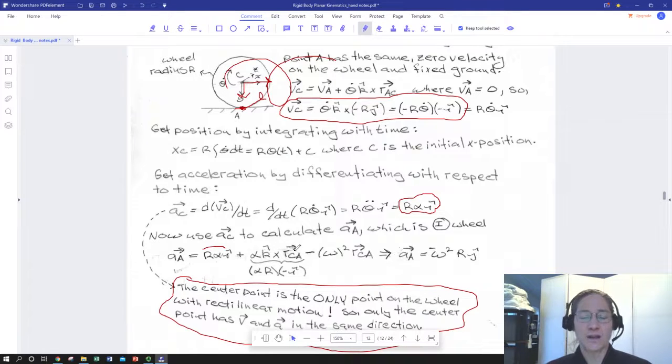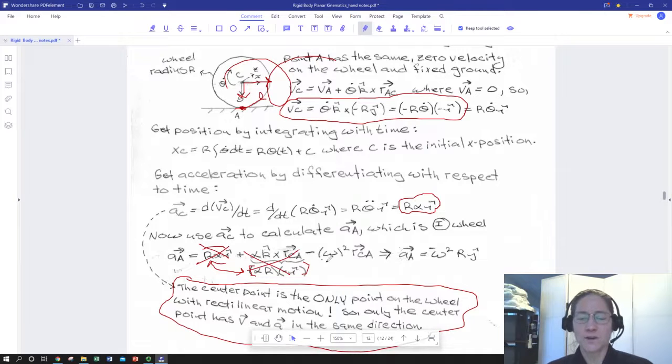K hat cross j hat is negative i hat, so we get this expression for our cross product. And then of course we've got a positive j hat here. And oh, isn't that interesting? Take a look. These two are the same magnitude but going in opposite directions.